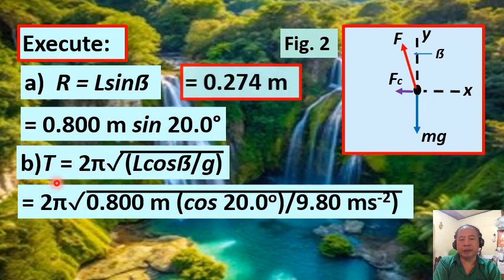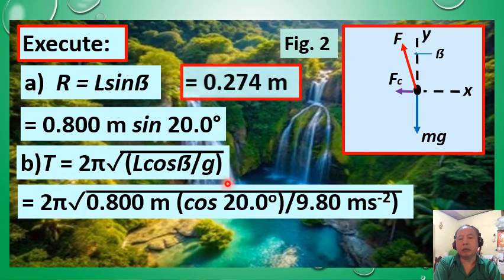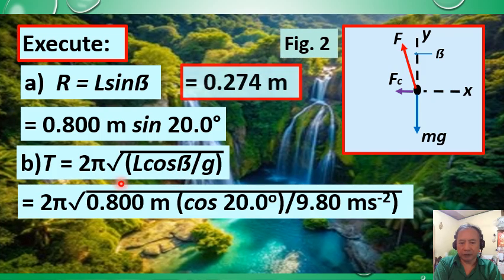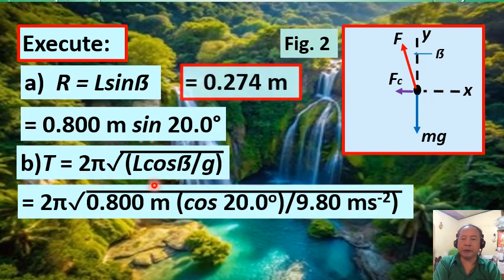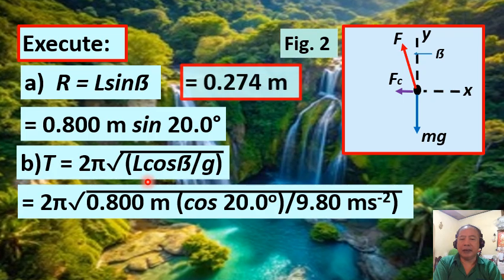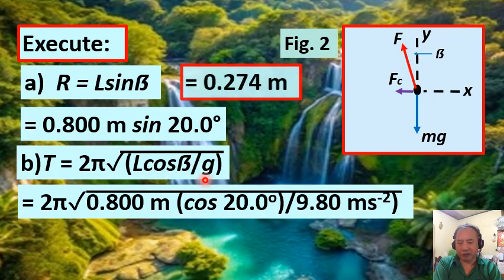In part B, the period capital T, or the time it takes for the bulb to make one complete circle, is equal to 2 pi multiplied with the square root of the length L and the cosine of the angle beta divided by acceleration due to gravity.